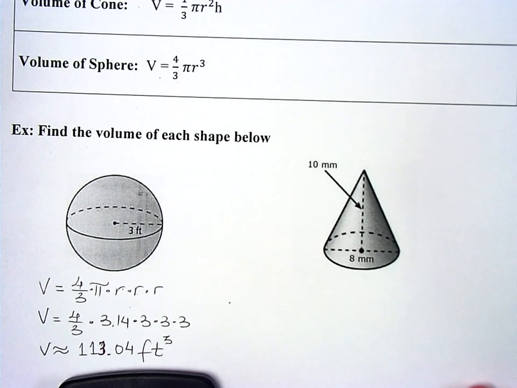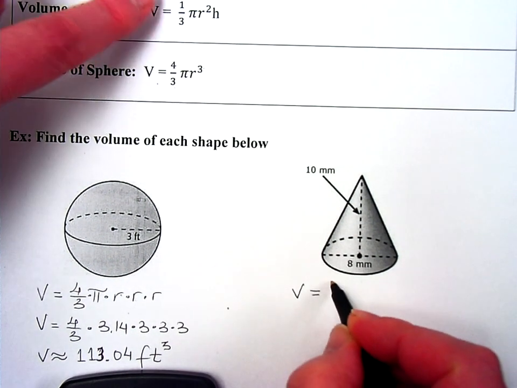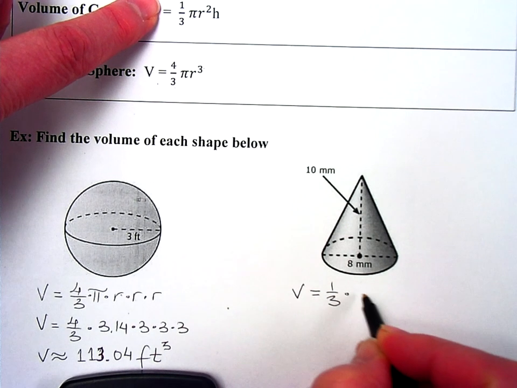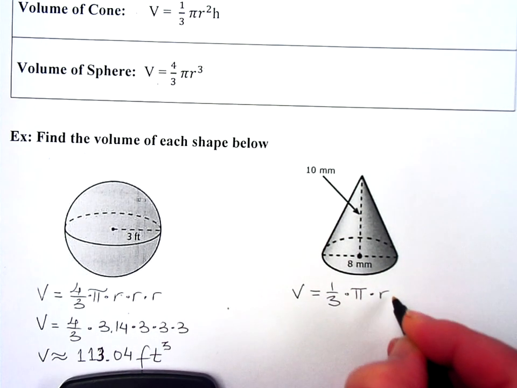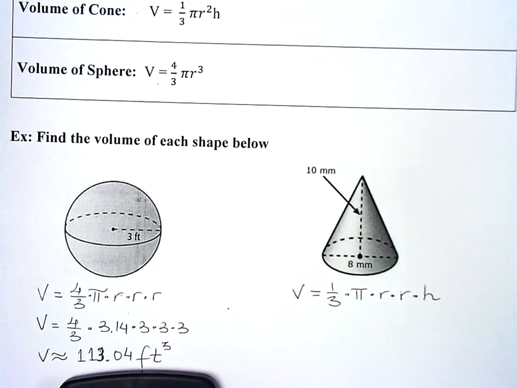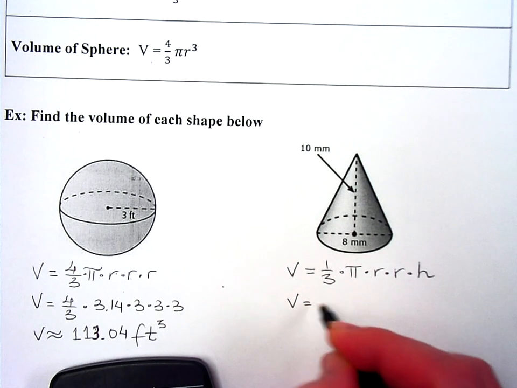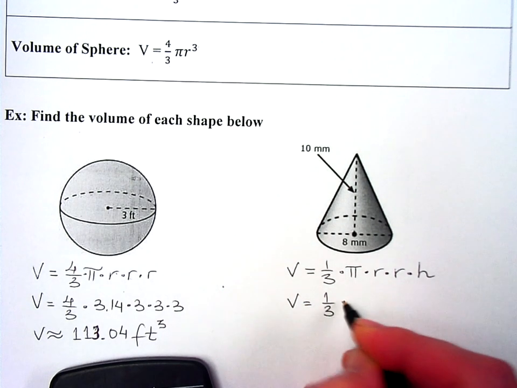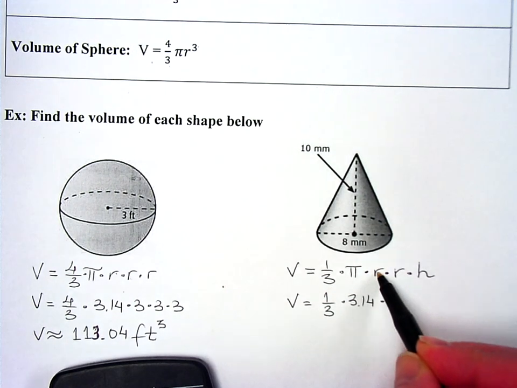Now for the cone, we know the formula for the cone is 1/3 times pi times radius squared, so that's radius times radius, and then times the height of the cone. So here we are. Substitute in 3.14 for pi, and now we need the radius.